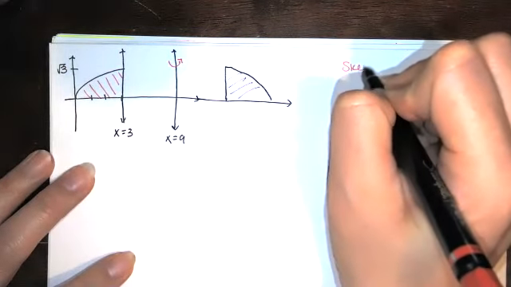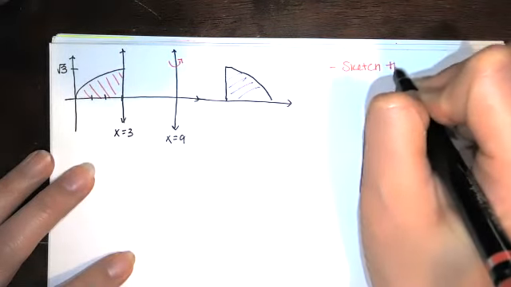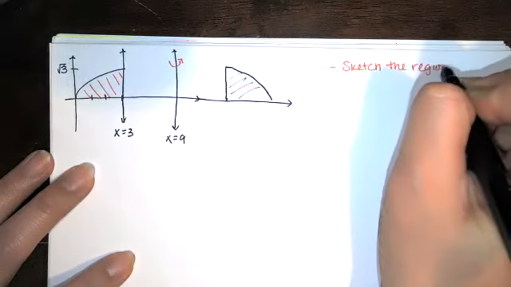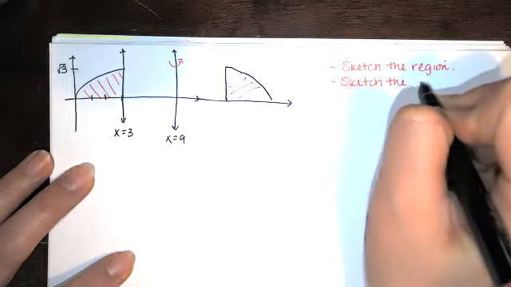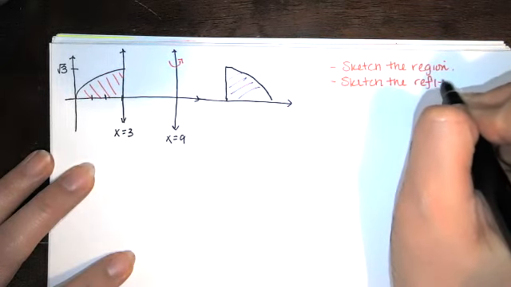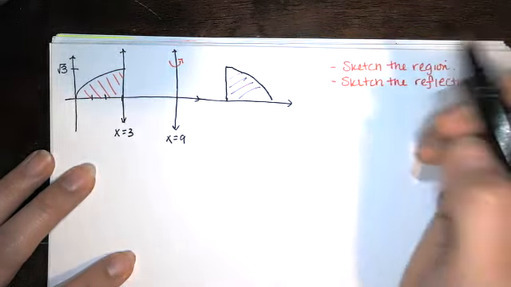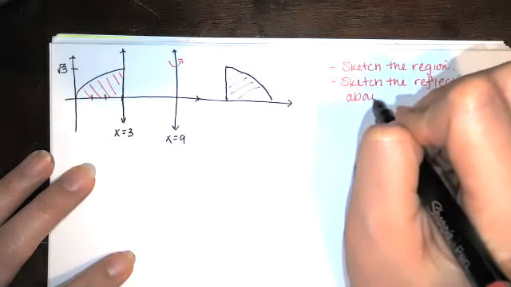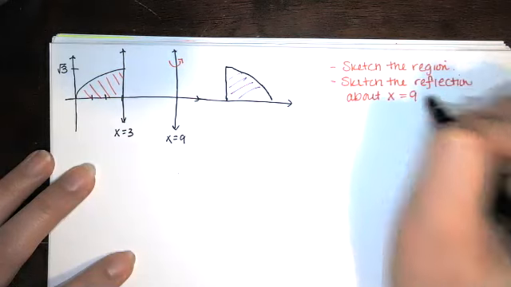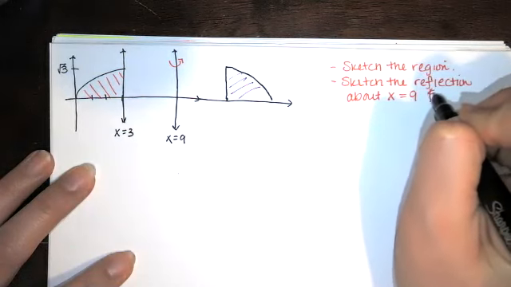So we always start by sketching. You sketch the region, sketch the reflection, and of course you want to sketch the axis as well.